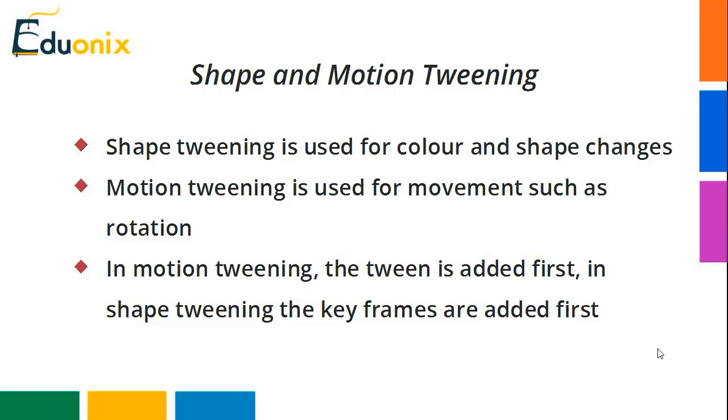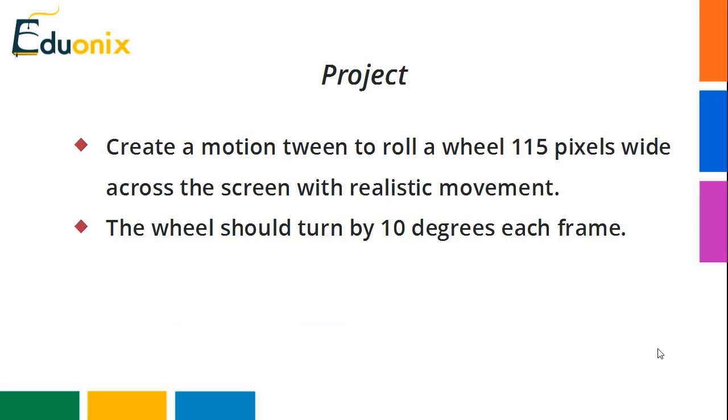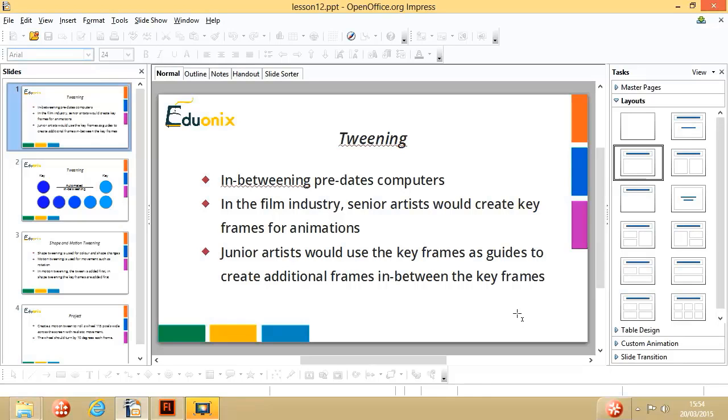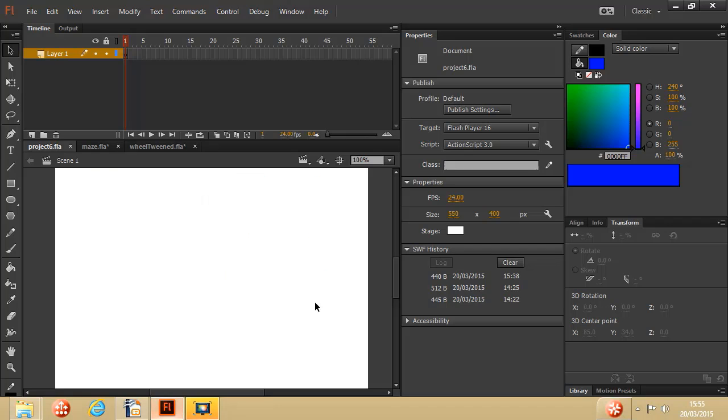In motion tweening, the tween is added first, and in shape tweening, the keyframes are added first, and I'll show you that in a few minutes. I also want to give you a project at the end of this lesson, but I'll discuss that later on. So let's have a look at shape tweening first of all.